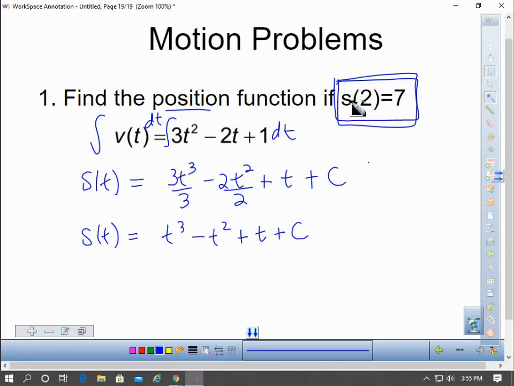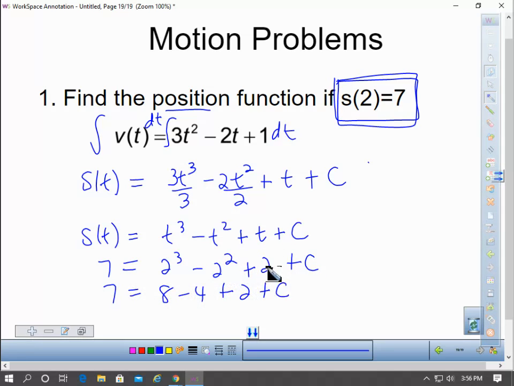All right, so I know s of 2 is 7, so I'll get 7 if I put a 2 in here. So 2 cubed minus 2 squared plus 2 plus c. So 7 is going to equal 8 minus 4 plus 2 plus c. So that's going to be 8 minus 4 is 4 plus 2 is 6. And then if I subtract 6, c is 1.